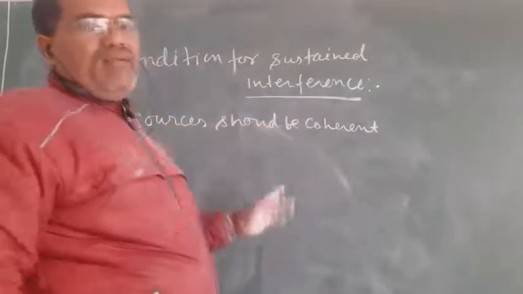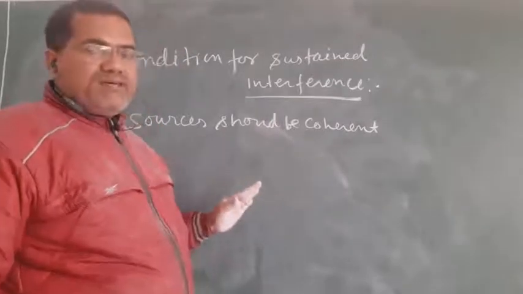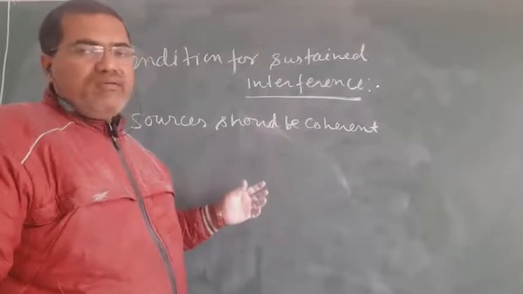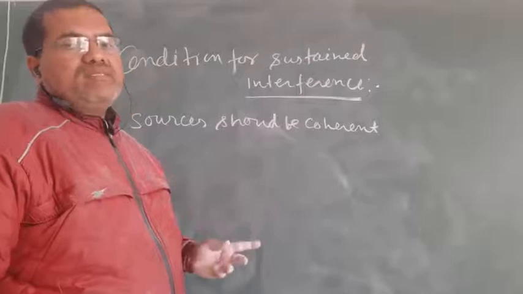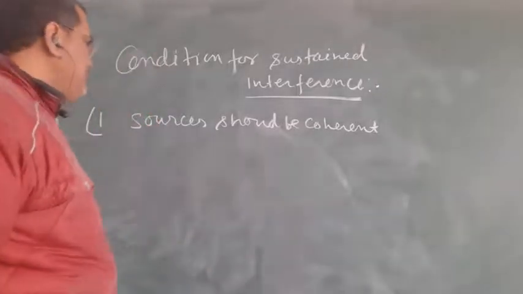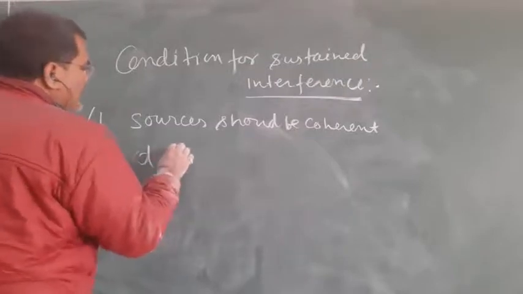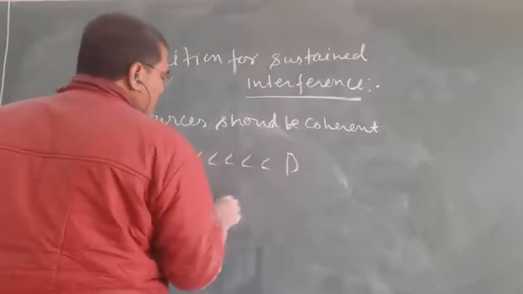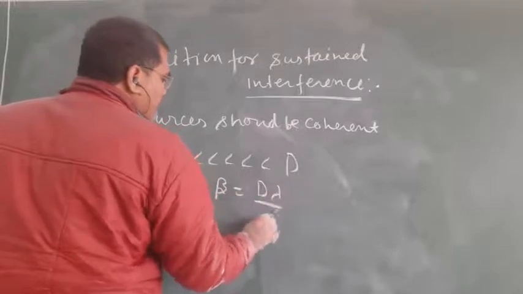What does coherent mean? We have already discussed that coherent sources have a constant phase difference between them. The waves originating from those sources have a constant phase difference. Second, small d is much lesser than capital D, as we know beta equal to D lambda by d.